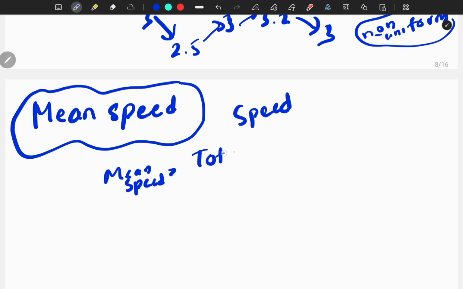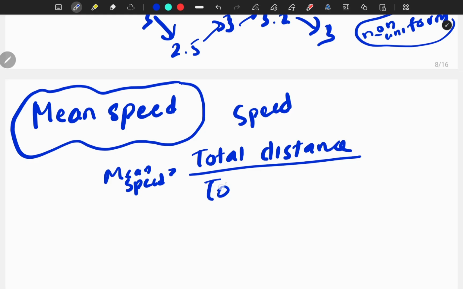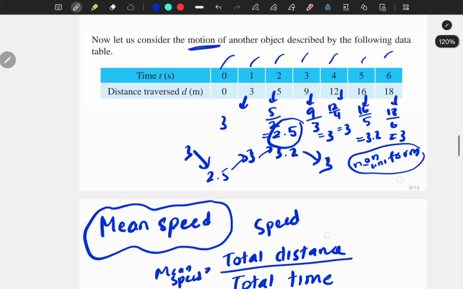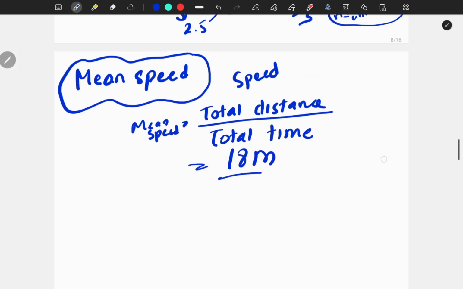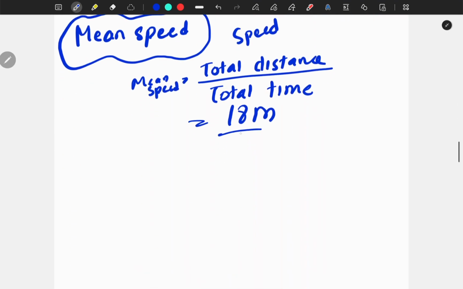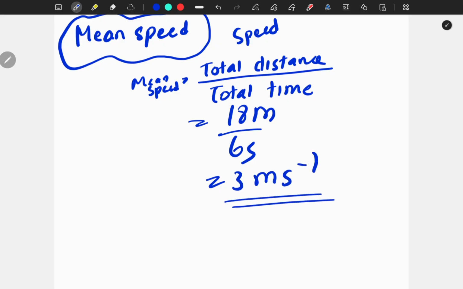The total distance divided by total time. So in this, the total distance is 18 meters and the total time is 6 seconds. So 18 over 6 is 3 meters per second.